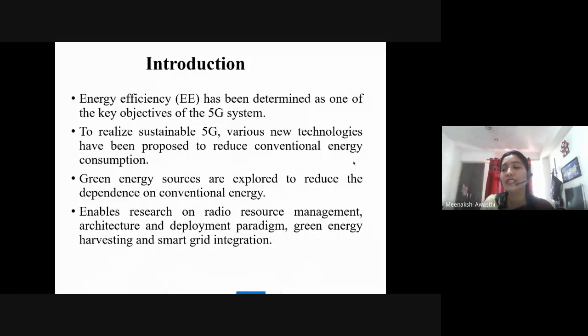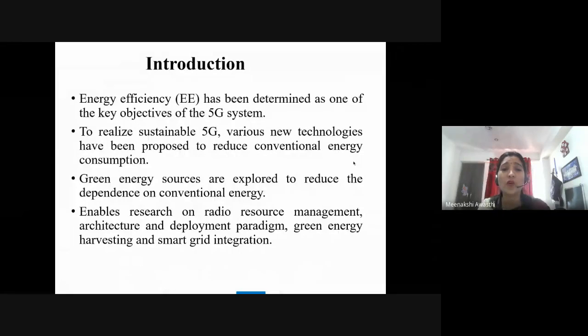So energy efficiency is what I'll be covering today mainly. Energy efficiency has been determined as one of the key objectives of 5G systems. To realize sustainable 5G, various new technologies have been proposed to reduce conventional energy consumption. Green energy sources are explored to reduce the dependency on conventional energy.